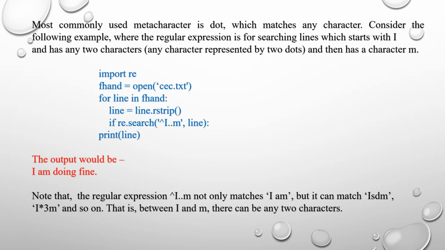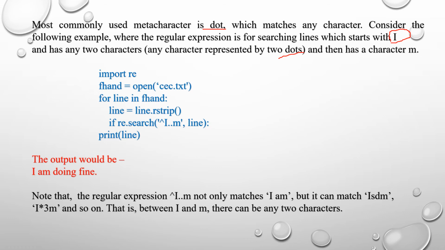The most commonly used meta character is the dot, which matches any character. Consider one example where the regular expression is for searching lines which start with I, then any two characters represented by two dots, and then the character m.